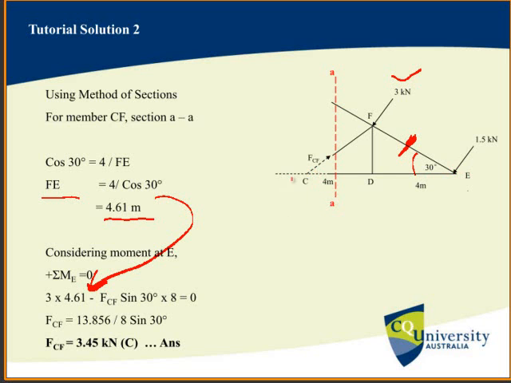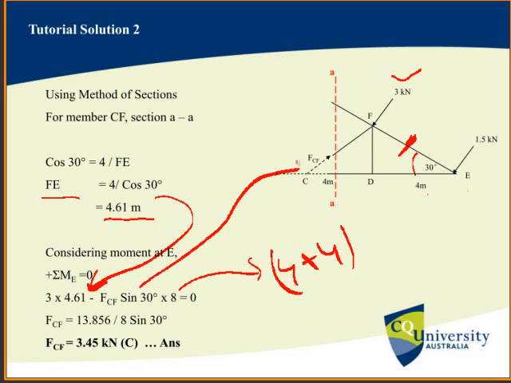Vertical component will be FCF sin 30 into 8. 8 will be the distance, 4 meter plus 4 meter. And this is the vertical component of FCF. Now after calculating this equation, you will get FCF equal to 3.45.